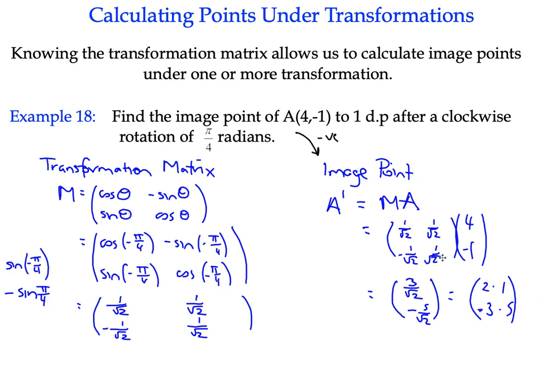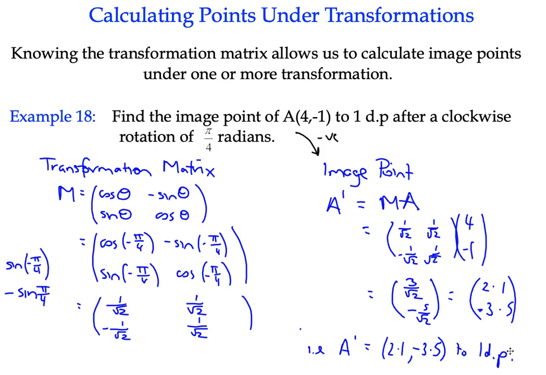So that's our coordinate matrix. We can say, i.e., the actual coordinate points of A dash, the image of A, is going to be (2.1, -3.5). And we'll just remind ourselves that we've rounded it to one decimal place.